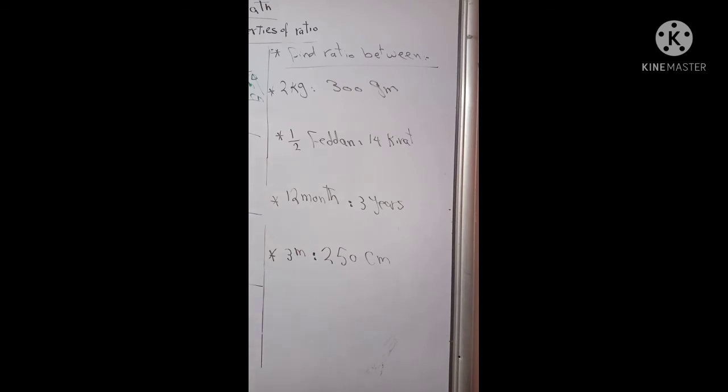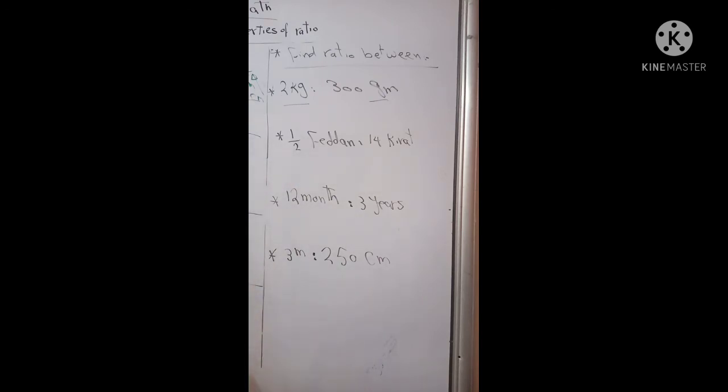First example is find ratio between 2 kilogram and 300 gram. I told you that we can find ratio between any two numbers which haven't the same unit. So first we will convert from one unit to another unit. It is kilogram and it is gram. So we will convert from kilogram to gram.